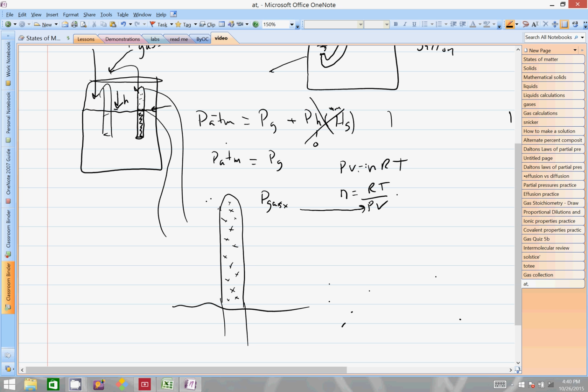But there's one small thing here, and that is because I'm collecting over water, water also vaporizes into the solution. Not a lot, but of course at certain temperatures it does it more than others, and as you warm it, the vapor pressure of water tends to increase as well. But at typical room temperature, let's say 25 degrees Celsius, the vapor pressure is quite small.